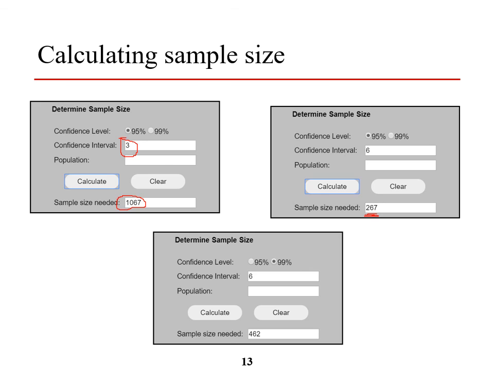But if you went up to the 99% confidence level, that's where you're going to need some more participants. And this is even at the same confidence interval that we just did previously up here. So at the 99% confidence level, you would need more participants. Whenever you increase your confidence interval, you would need less participants. So that's just an example here.